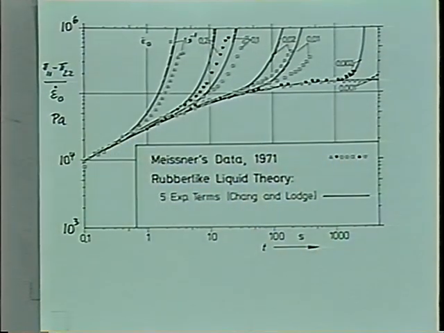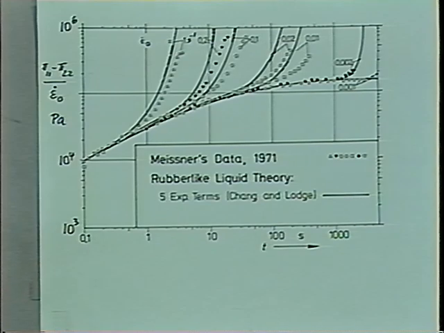So that was a tremendous success of Lodge's rubber-like liquid theory. He could describe data which Meissner found. Meissner did those experiments afterwards, but the two of them got together, discussed those data, and had a tremendous impact on the development of constitutive equations for those viscoelastic liquids.